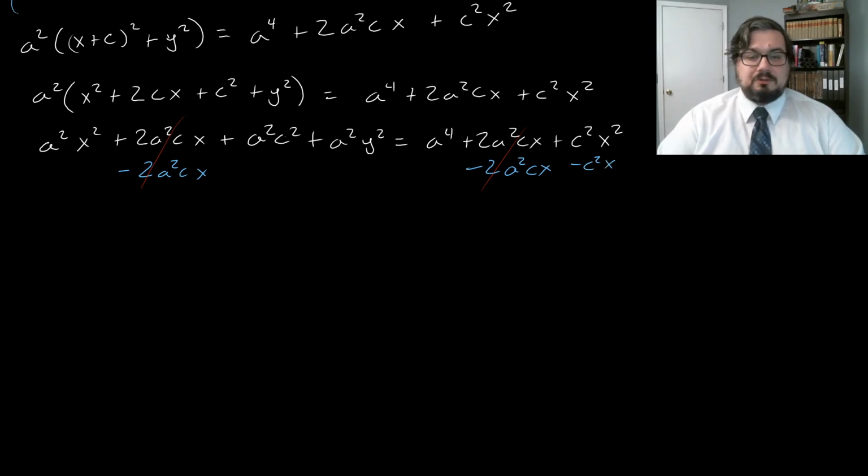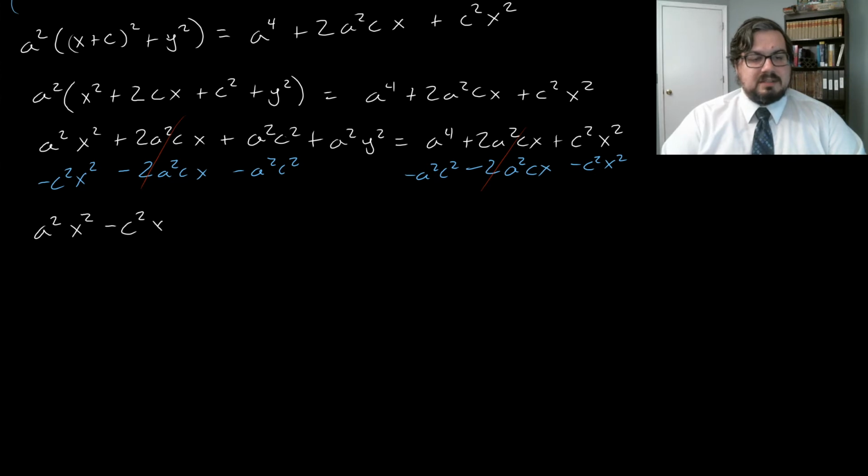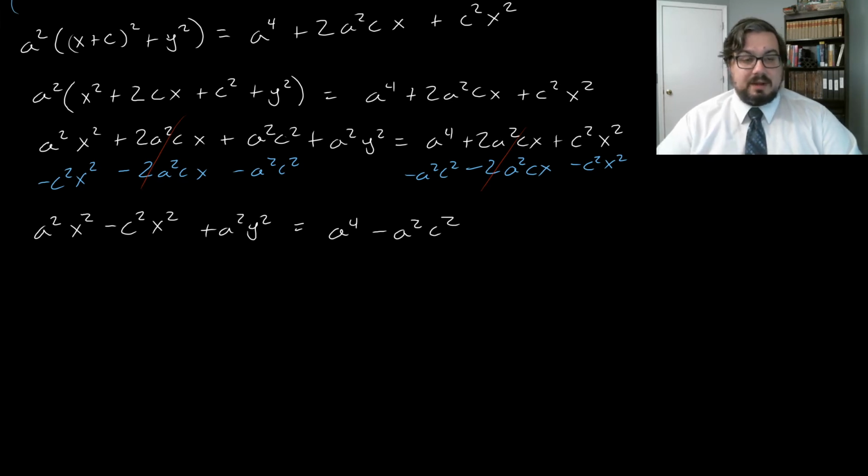So we'll subtract c squared x squared from both sides, and we'll subtract a squared c squared from both sides. When we do all that, we'll be left with a squared x squared minus c squared x squared plus a squared y squared is equal to a to the fourth minus a squared c squared.